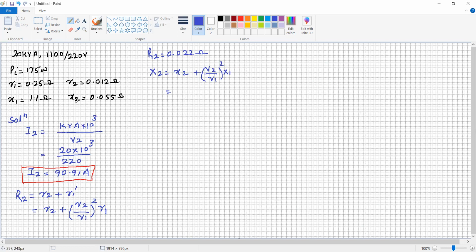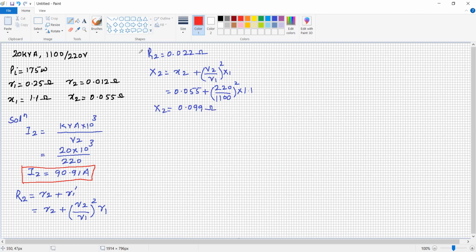So here X2 is 0.055 plus 220 divided by 1100 bracket square multiplied by 1.1, which is equal to 0.099 ohms. It is the value of X2.